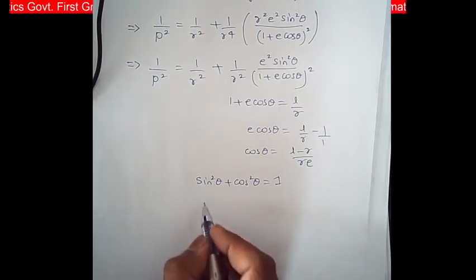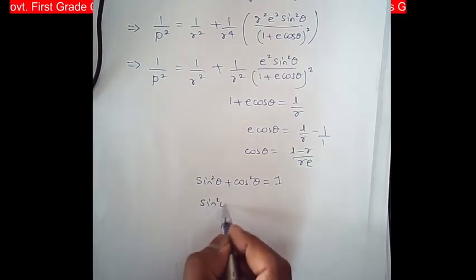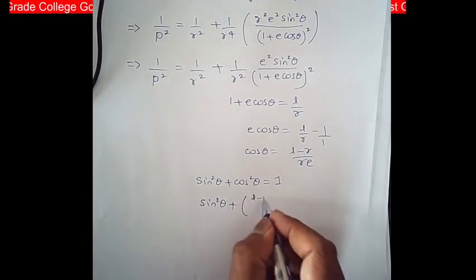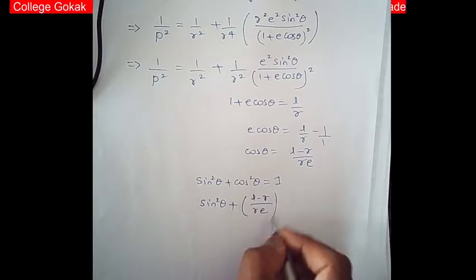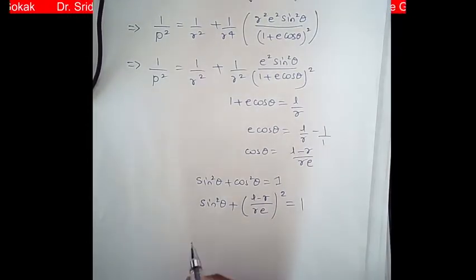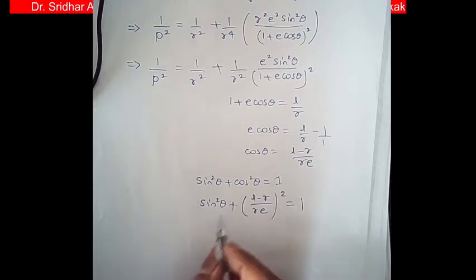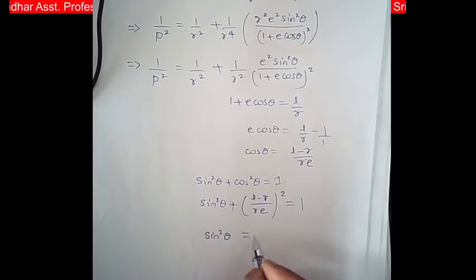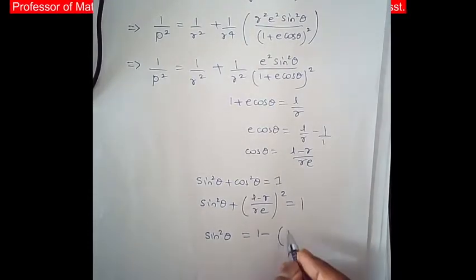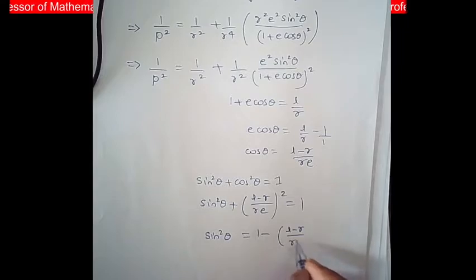That is sin square theta plus, cos theta is L minus r divided by r e, whole square, is equal to 1. Now I need the value of sin theta, so I send this term to the RHS: sin square theta is equal to 1 minus L minus r divided by r e whole square.